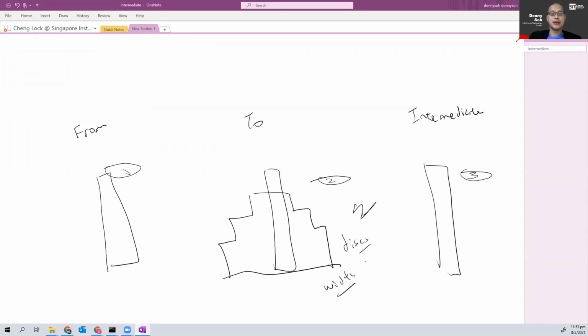The objective is to shift all the disks from one pole to another pole, so from the first pole to the second pole. But there is a constraint.